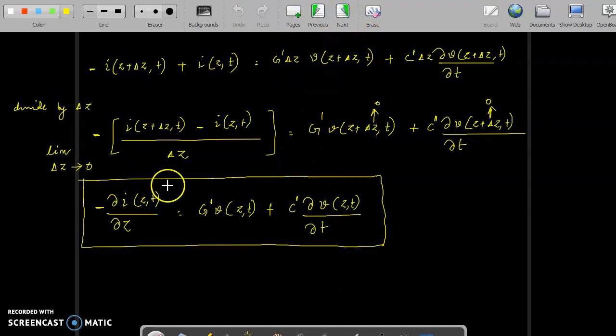Whereas here we can see that the current has two parts: one is the capacitor current and another is the current through the conductance. So these are the voltage and current equations of the transmission line, and more about the other functions related to these voltage and current equations of the transmission line we will discuss in the next video.